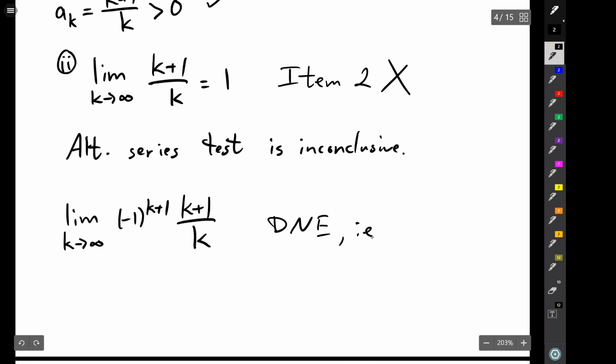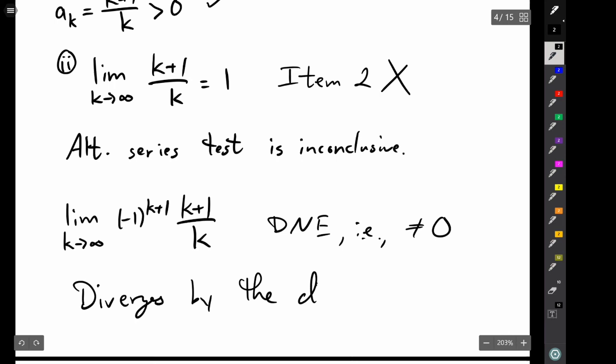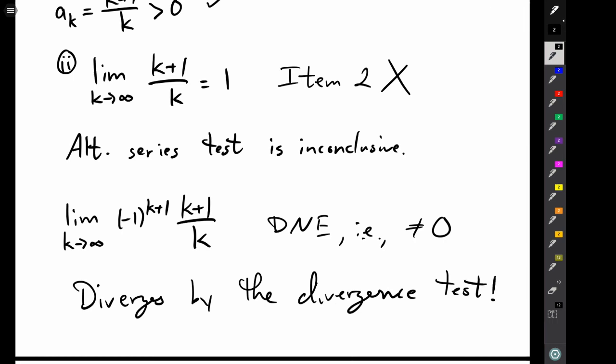In particular, it's not equal to 0. So this diverges by the divergence test. So we can always fall back on other tests here, and that's the importance of having a few different options: there's always something to fall back on.